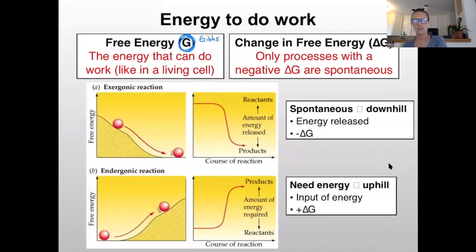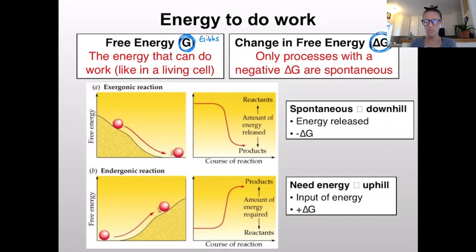And free energy can be defined as the energy that can do work, for example, in a living cell. All right. The change in free energy, we're going to define as delta G, the change in free energy. And only processes that have a negative delta G are spontaneous.